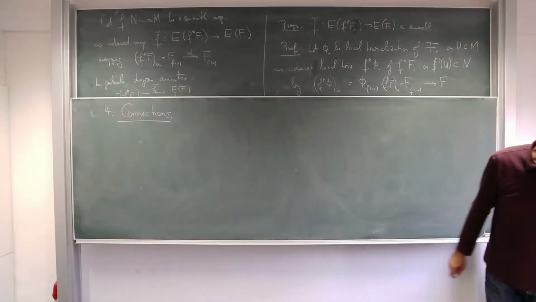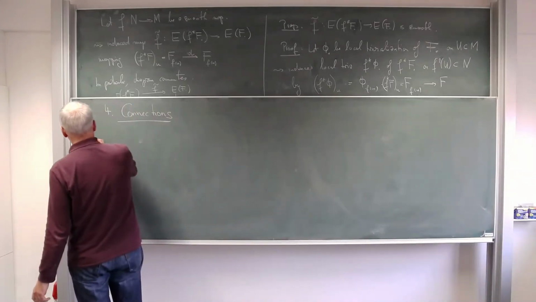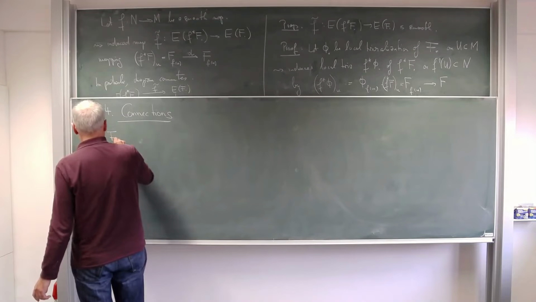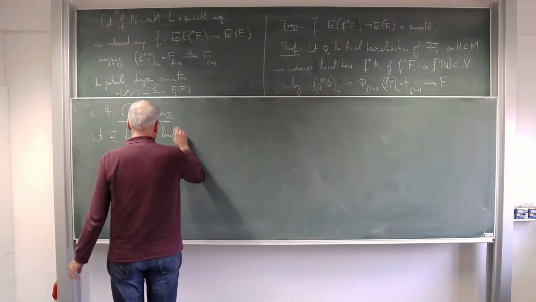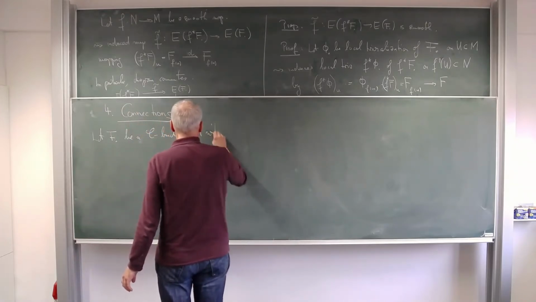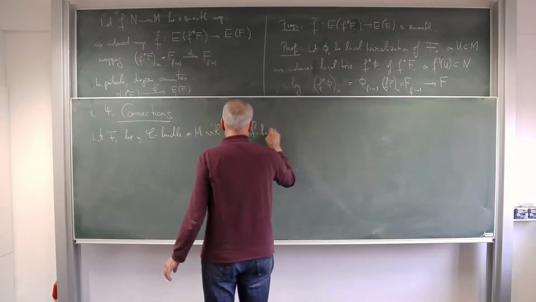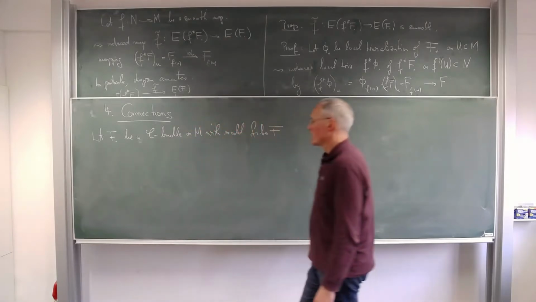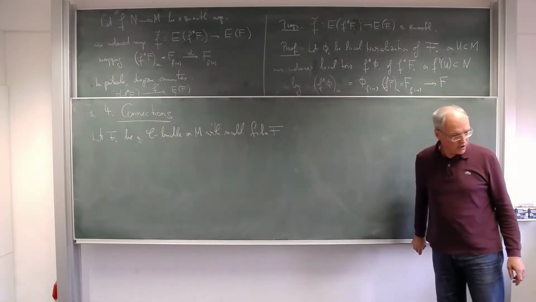Well, let me start with one thing. Suppose we have a bundle. So let pi be a C bundle on M with model fiber F, and C is a C infinity suitable category as usual.